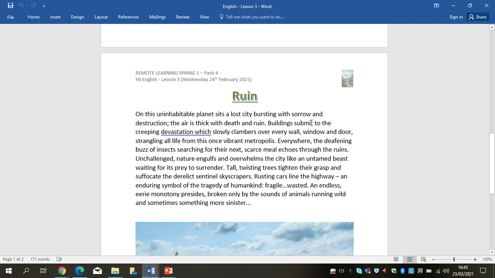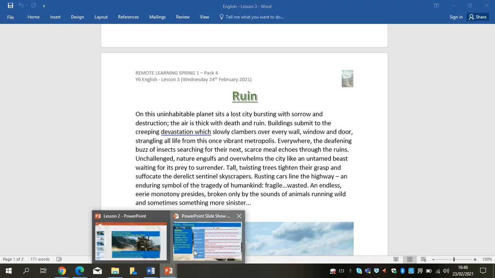So: buildings submit to the creeping devastation. Devastation can't creep, so it's that element of figurative language being used. Everywhere, so that's a where sentence, but there is another where sentence further on: rusting cars line the highway, giving you some understanding about where these things are. Unchallenged, so we're starting with a verb.